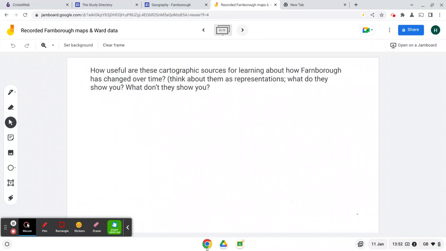So now we've got to really think about how useful these cartographic sources, these maps, are for learning about how Farnborough has changed over time. So you can compare maps from different years to see how the physical or built environment has changed.